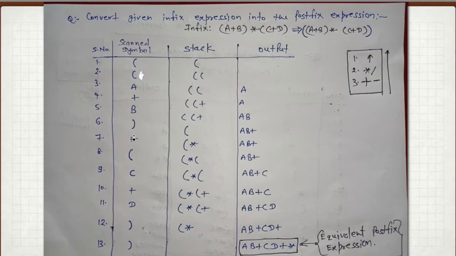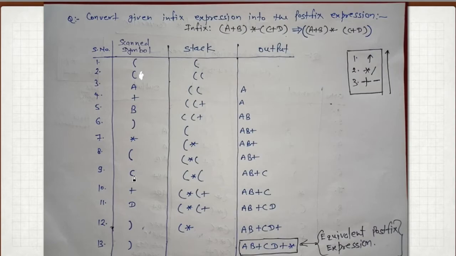Right? Now the next element is star. Okay, simply put it into the stack. Right? Put into the stack, and when again a left parenthesis is there, put this left parenthesis into the stack. Right? Write this as it is. After the left parenthesis, C is there.